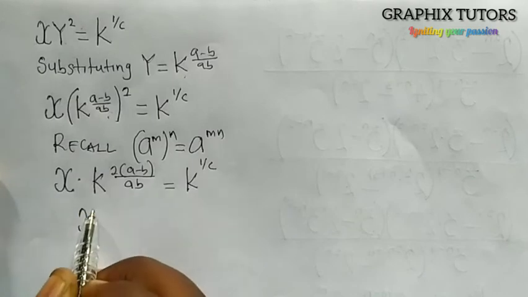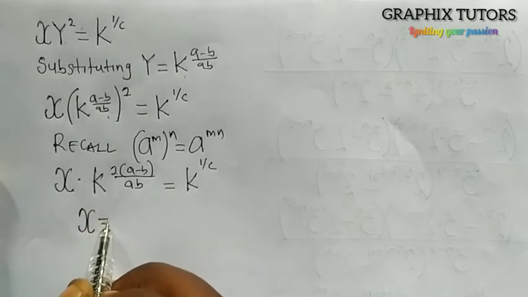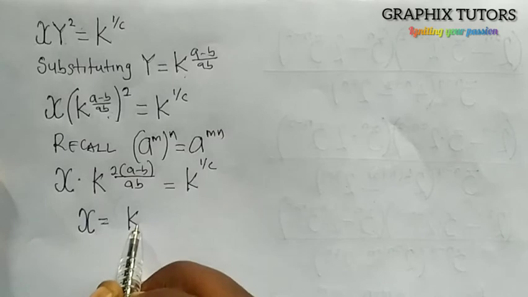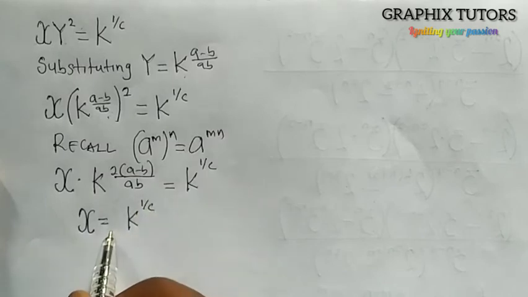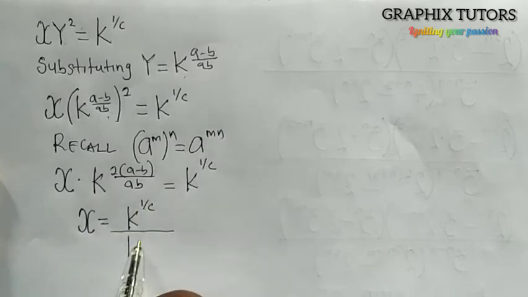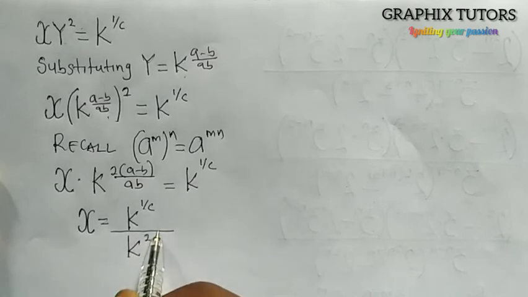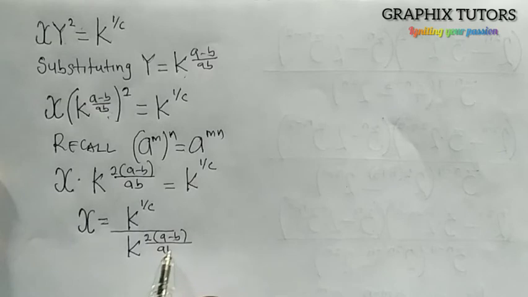My x is equal to k to the power of 1 over c divided by k to the power of 2 into bracket a minus b all over ab. I divided both sides by this guy here.